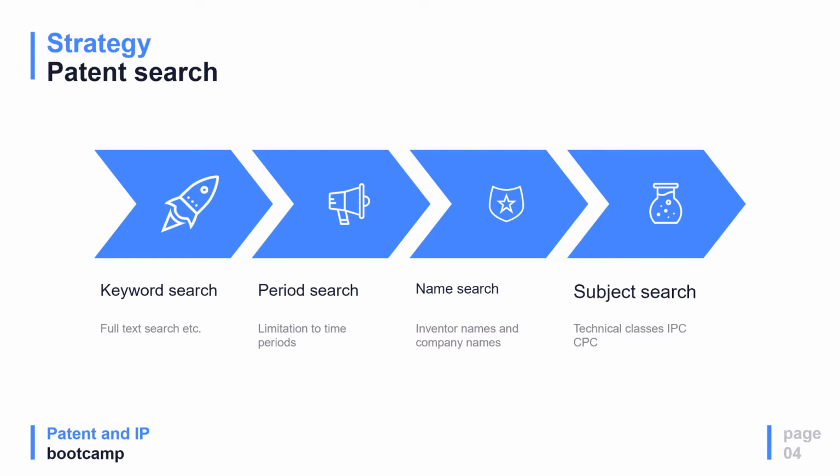Then you can do name searches. There you can, for example, find companies and inventors and stuff like this. And you can also narrow down the results further by navigating in technical classes. In general, if you consider these points or these different steps, then you can save a lot of time afterwards.